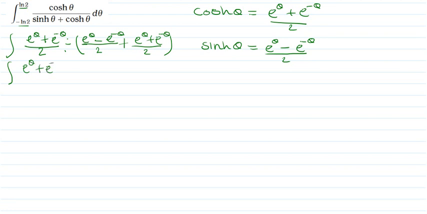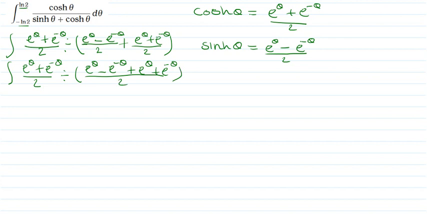e to the power negative theta over 2 divided by, simplifying this, putting them as a single fraction, e to the power theta minus e to the power negative theta plus e to the power theta plus e to the power negative theta, then everything over 2.